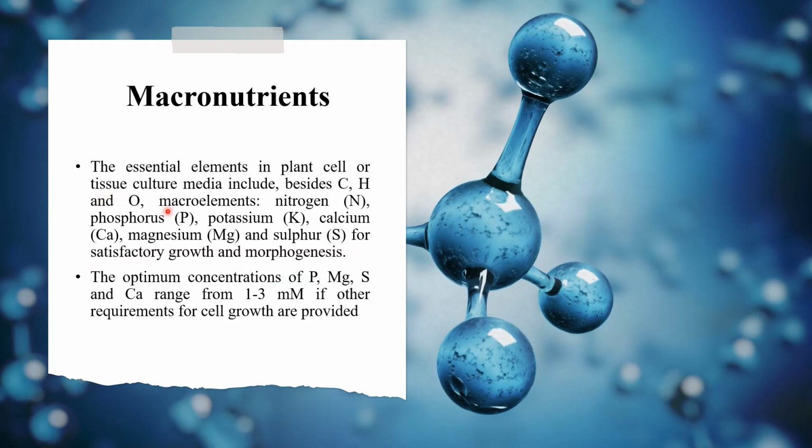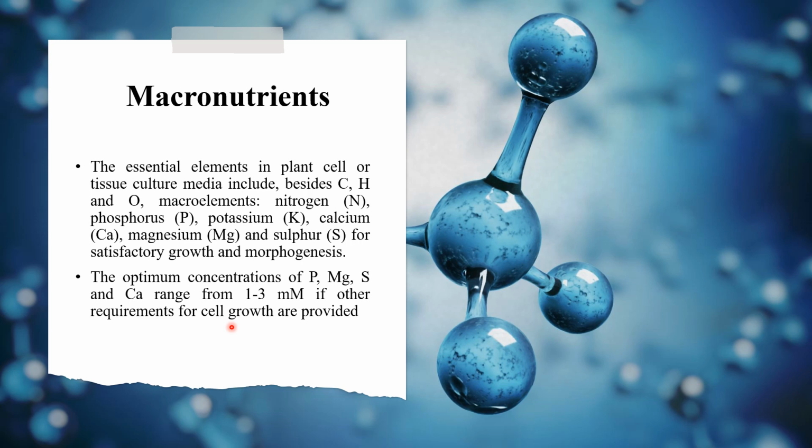Essential elements in plant cells or the tissue culture medium that are considered macronutrients are carbon, hydrogen, and oxygen. Other macroelements include nitrogen, phosphorus, potassium, calcium, magnesium, and sulfur for satisfactory growth and morphogenesis of the plant.